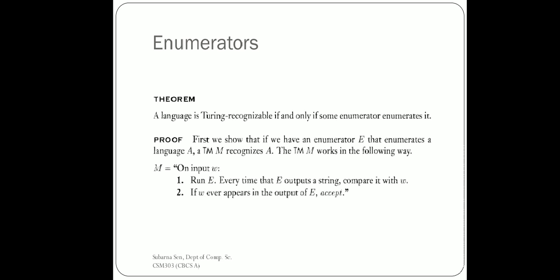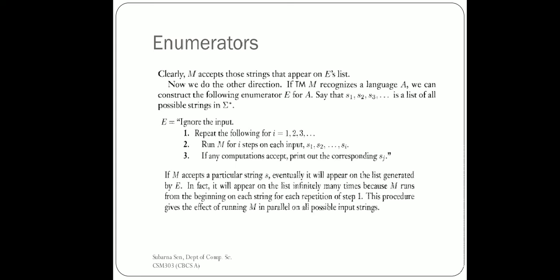So if W ever appears in the output of E, it will accept, right? Whatever my enumerator is enumerating, if W is a part of that enumeration, then it will be accepted, right? Now clearly we can see that M accepts those strings that appear on E's list, right?